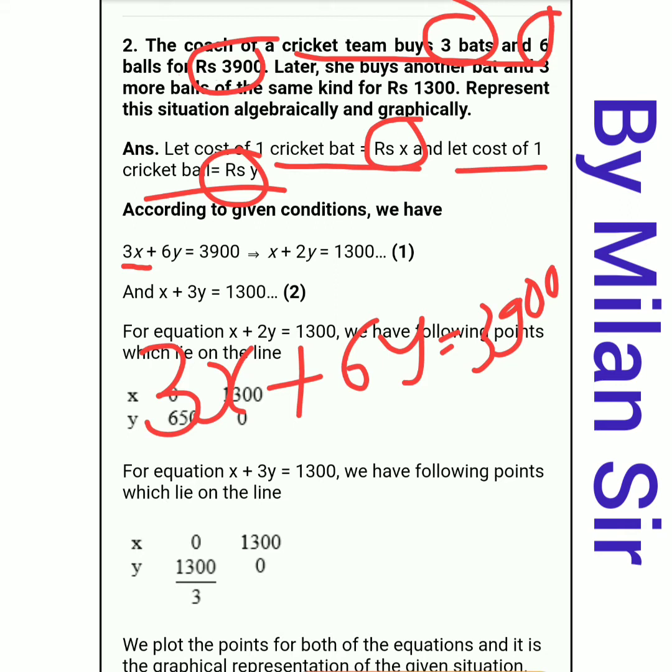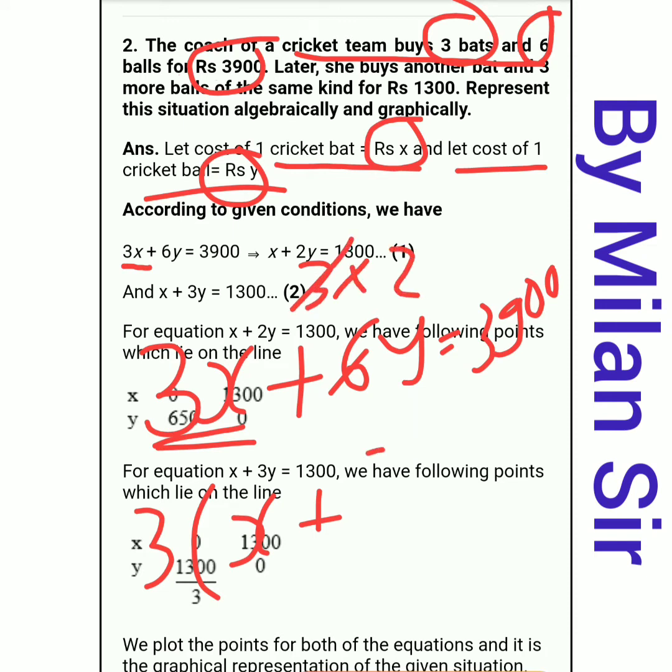But from this equation we can take 3 as common. So 3 common, here 3 cancels, so only x. Now in place of 6 we can write 3 times 2, and 3 is common, so remaining 2y. Same thing here, 3900. Now transfer this 3 to the right hand side.